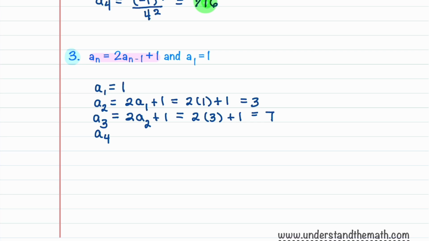A4 is then 2 times the term before it, so that's A3 plus 1. So this is 2 times A3, which we just found to be 7, plus 1, gives us 14 plus 1, which is 15. So the terms in our sequence are 1, 3, 7, and 15.